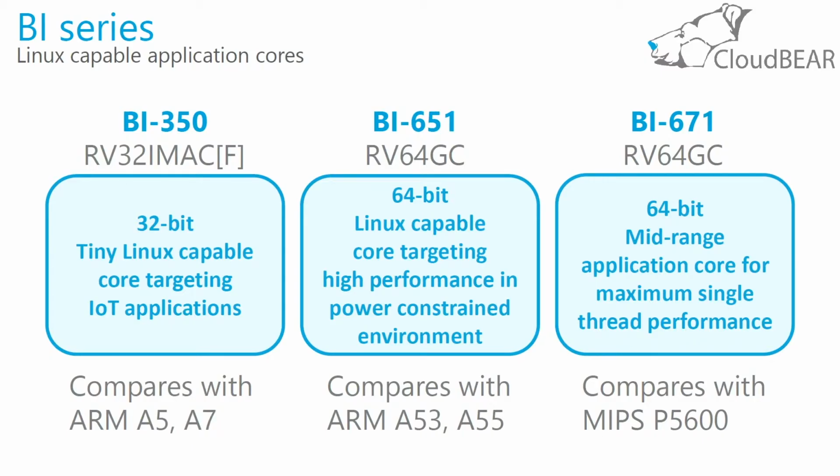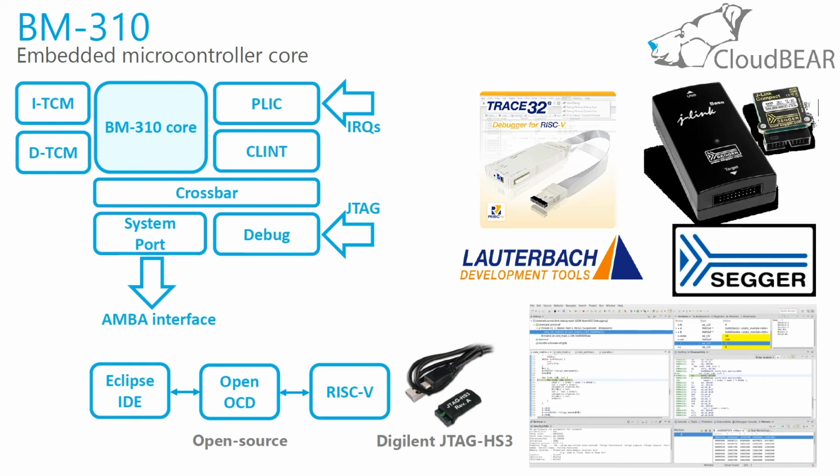In the meantime, we also built a power-efficient in-order version, which is comparable with mid-range well-known ARM cores. And just a couple of weeks ago at Embedded World 2019, we released a tiny core for IoT applications.